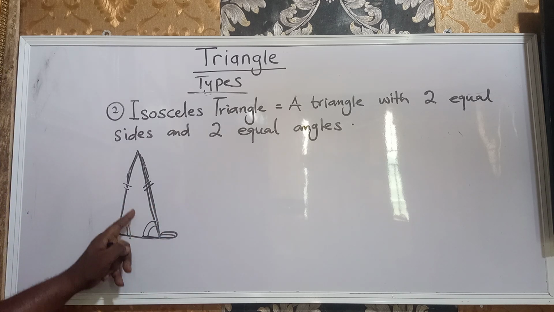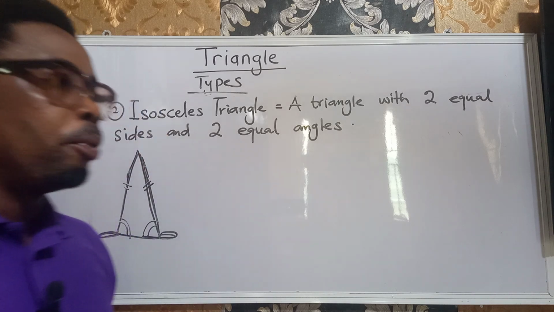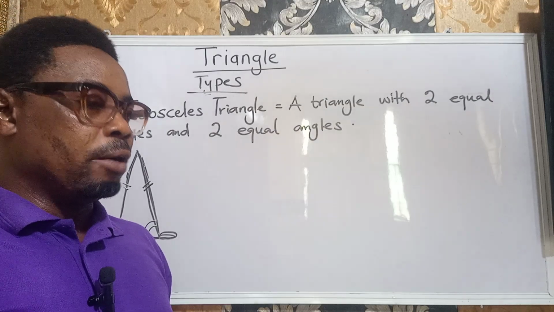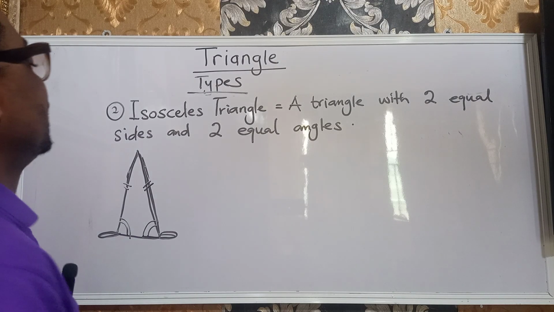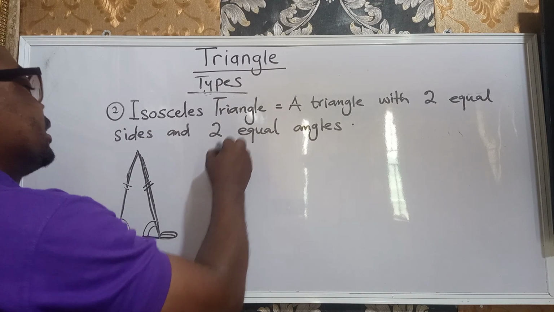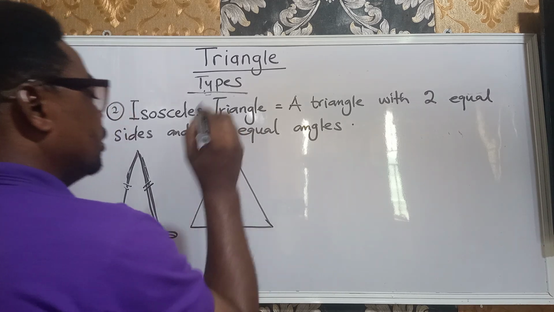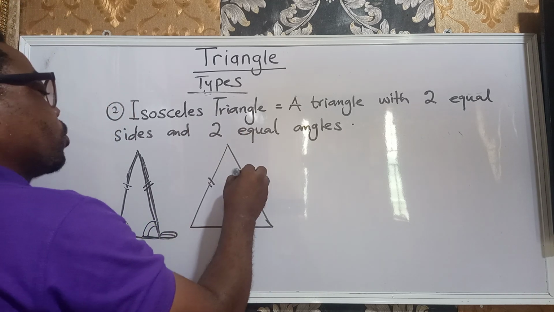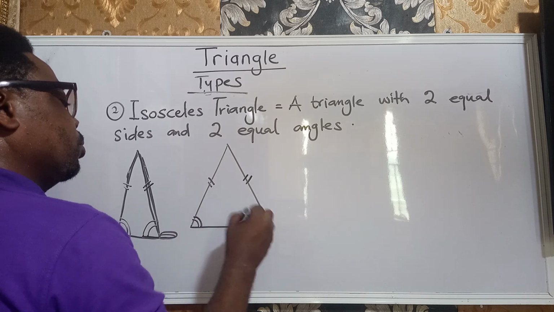So the perfect example of an isosceles triangle is a boy or a girl standing with open legs on the ground. Now that is an isosceles triangle. Other ones we can see like this. This side is equal to this side, and this angle is equal to this angle.